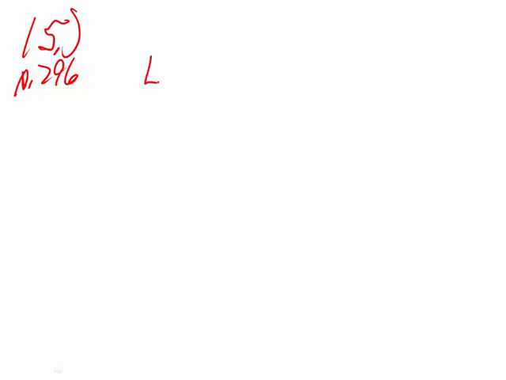So let's just say we got a battery here. Or let me draw it this way. Hang on. All right, so we got a battery and we got just a resistor here, and it comes around.